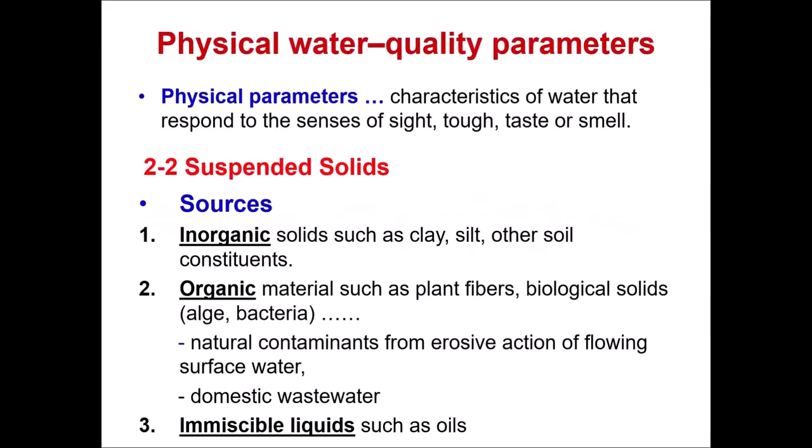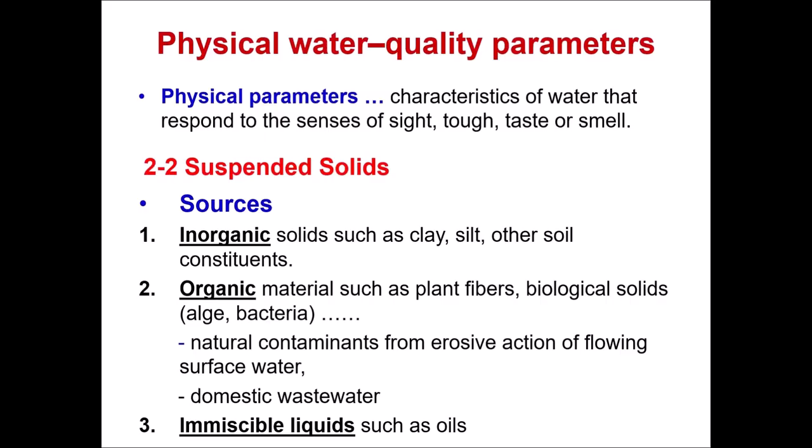And if we talk about the sources of suspended solids in water, suspended solids can originate from both inorganic and organic materials. Inorganic suspended solids include materials such as clay, silt, and other soil constituents. Organic suspended solids include plant fiber and biological solids such as algae and bacteria.